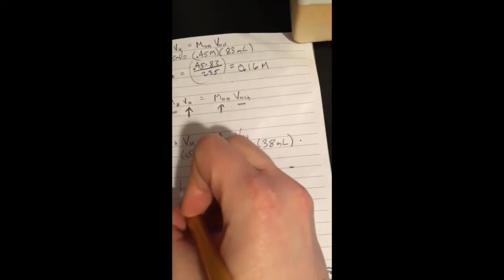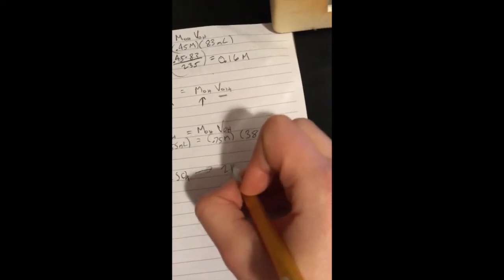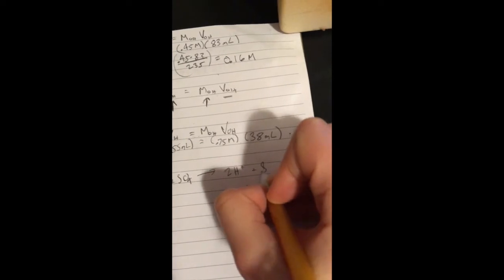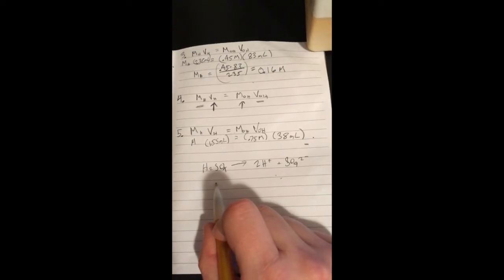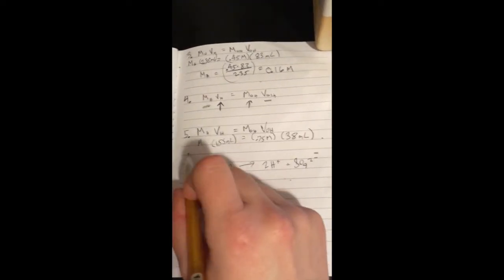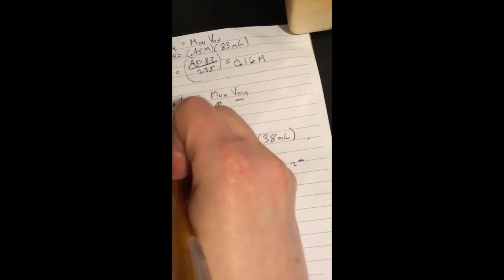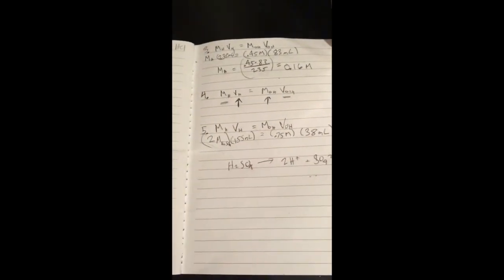So if you think about it, H2SO4 is going to break off into 2 H+ and 1 SO4 2-, right? So the molarity of H+ is going to be twice as much as the molarity of H2SO4, right? And so instead of writing in molarity of H+, we're actually trying to solve for the molarity of H2SO4. But the molarity of H+ is equal to 2 times the molarity of H2SO4, right?